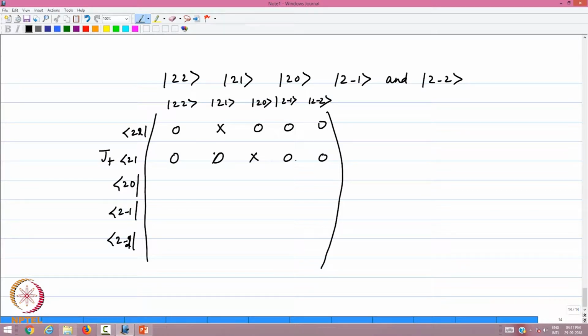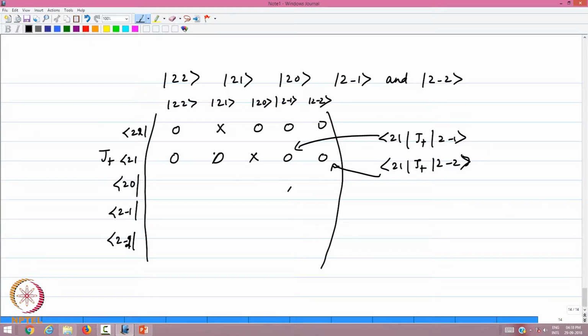These are 2 steps away from each other, for example <2,1|j plus|2,-1> and <2,1|j plus|2,-2>. That is this element and this is this element, and they are obviously 0.